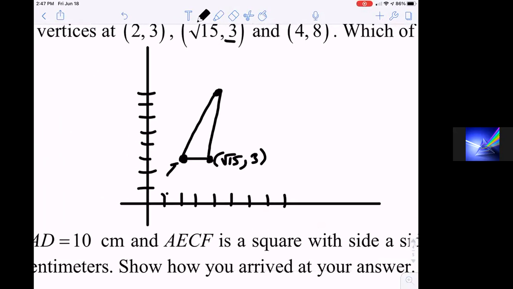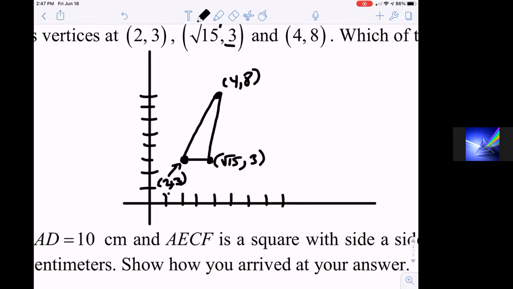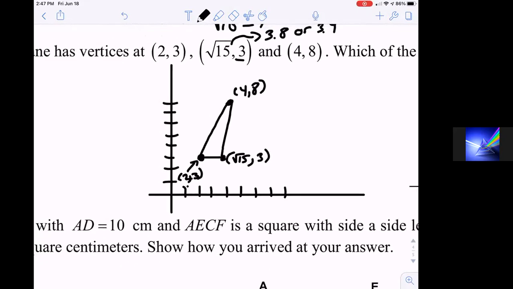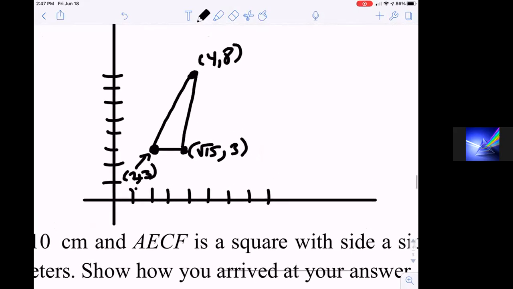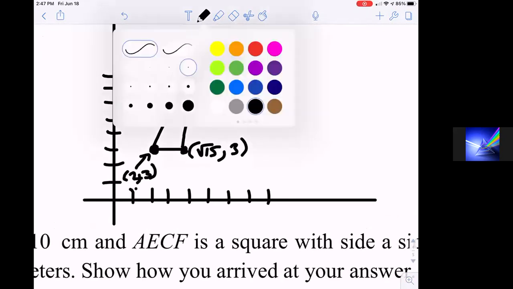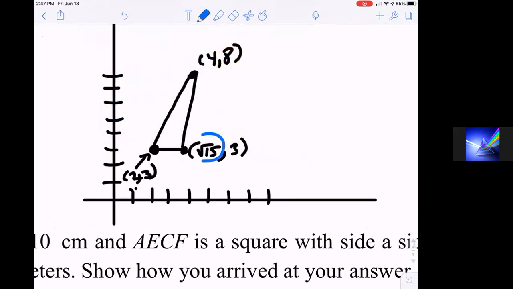This coordinate point here would be 2, 3. And this coordinate point here would be 4, 8. To figure out what the base of the triangle is going to be, it's essentially this point right here minus this point right here. All we're doing is subtracting the x values. It's this value minus this value.